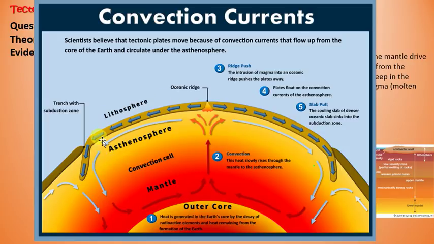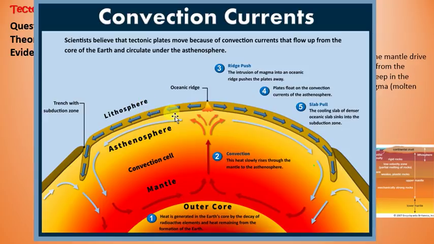Now, a couple of processes that you need to refer to here, so keywords, and they're all on this graphic. One, radioactive decay in the Earth's core causes convection currents in the mantle, which causes tectonic plates that sit on top of that asthenosphere to move.